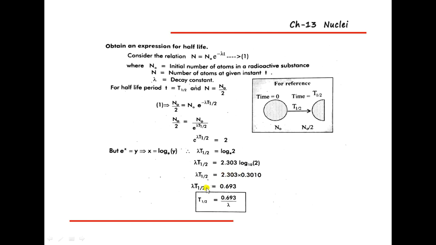By solving this, you will get lambda t half is equal to 0.693. Therefore, t half is equal to 0.693 over lambda; take lambda to this side, that is, divide by lambda. Therefore, t half is equal to 0.693 divided by lambda. This is the expression for half-life.